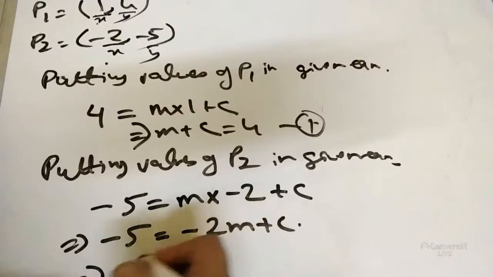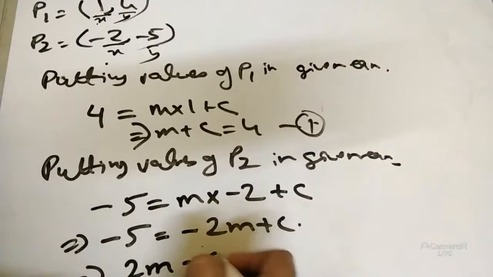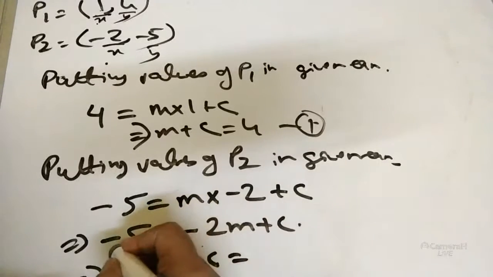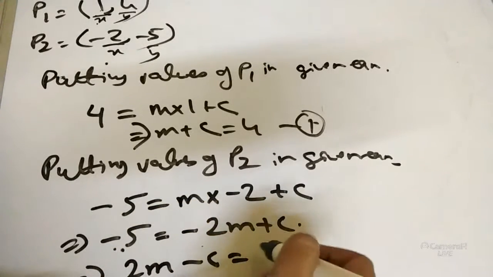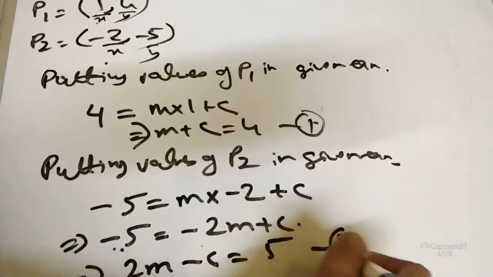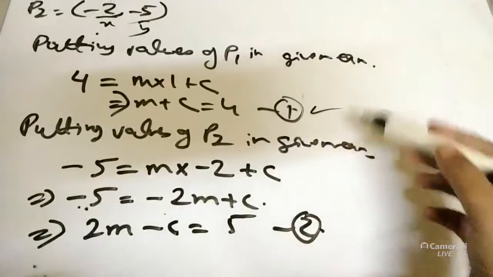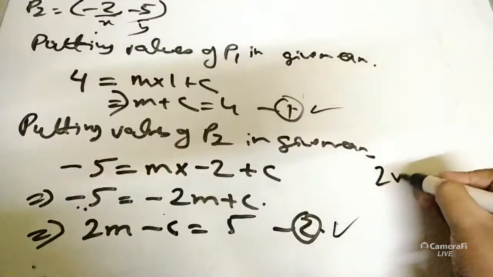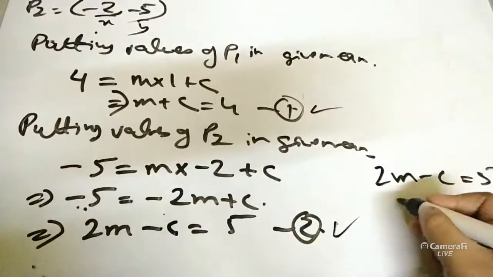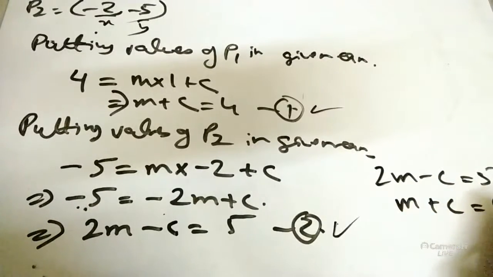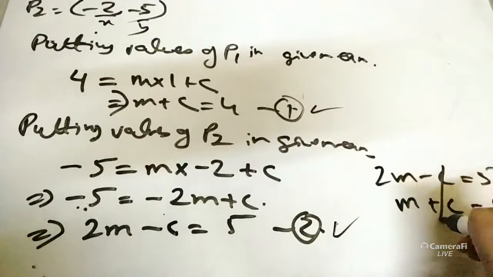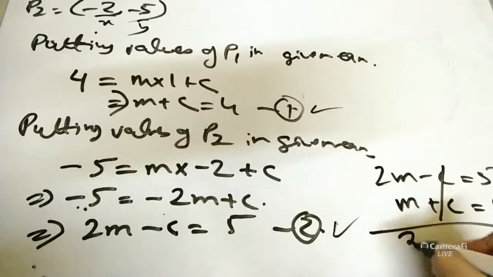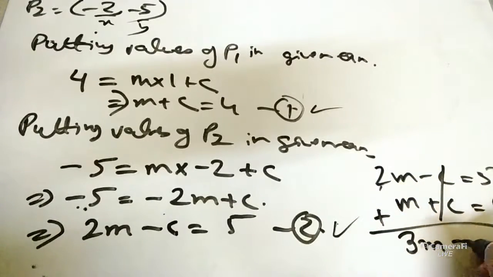Now this one we can also write as 2m. If we reverse the signs, then we get this value to be positive. So we can write 2m minus c is equal to 5. This is our second equation. Now we will have to solve these two equations. We get 2m minus c is equal to 5 and m plus c is equal to 4. So c already gets cancelled. We get 2m plus m, 3m, and 5 plus 4, 9. So m is equal to 3.